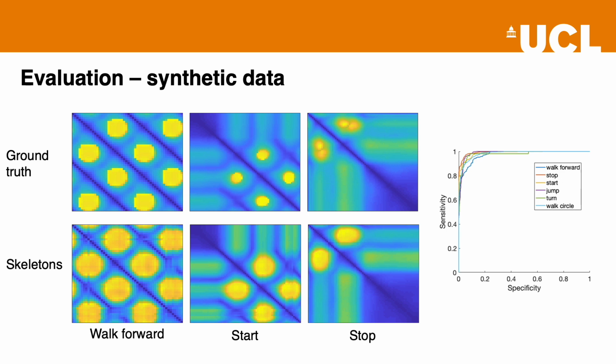To read these graphs, ideally you want to see a line that goes straight up the left-hand axis, and then straight across the top axis. That would mean that it's an ideal discriminator. So what you want to see is a curve that gets as far into the top left-hand corner as possible. And you can see from these lines that our discriminator is performing really well. The lines are right up in the top left-hand corner.